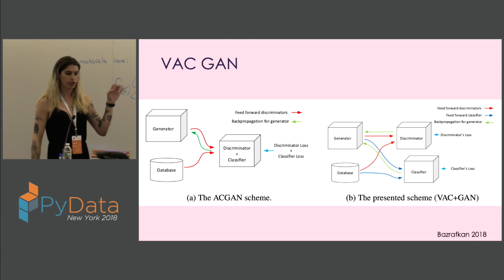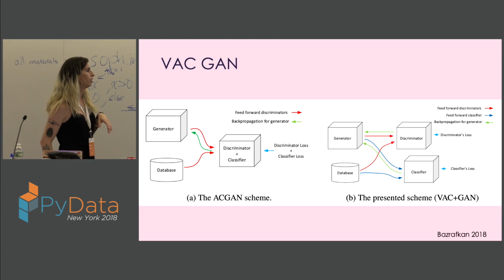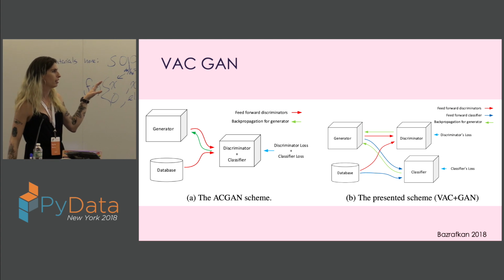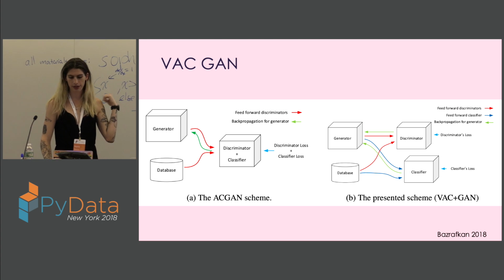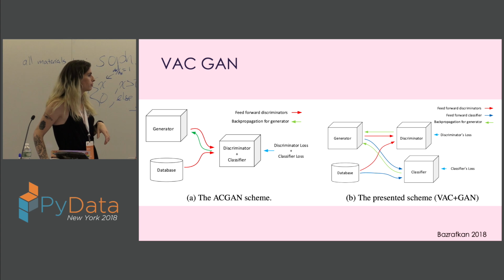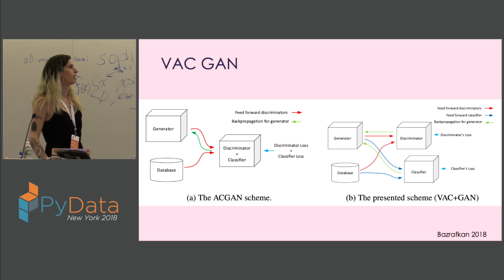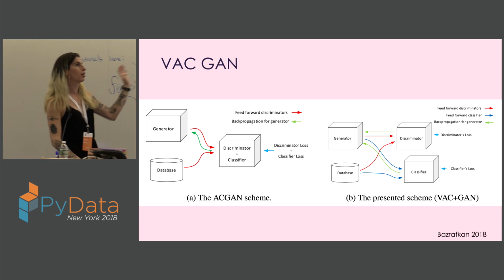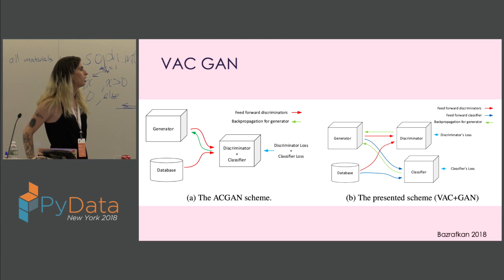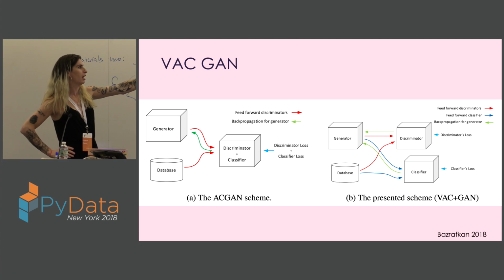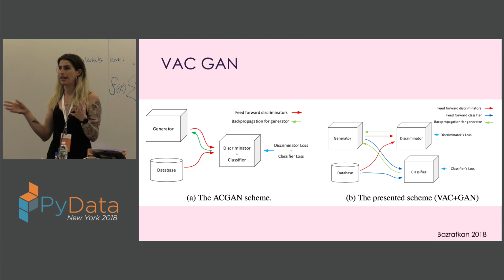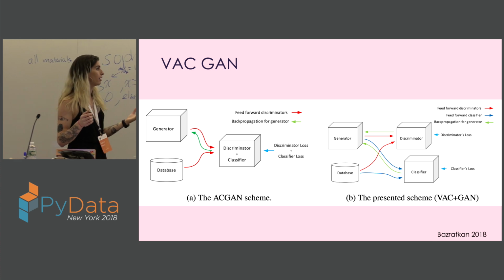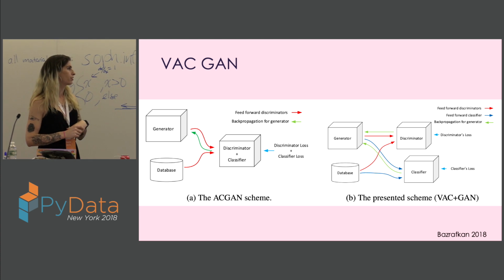And so I wanted to go over, really briefly, the way I implemented this in the model, and then you'll see the code in a little bit. So here are two auxiliary classifying GAN schemes. The first one was originally limited to single class classification. That's the AC GAN architecture. There's a really good paper on it.